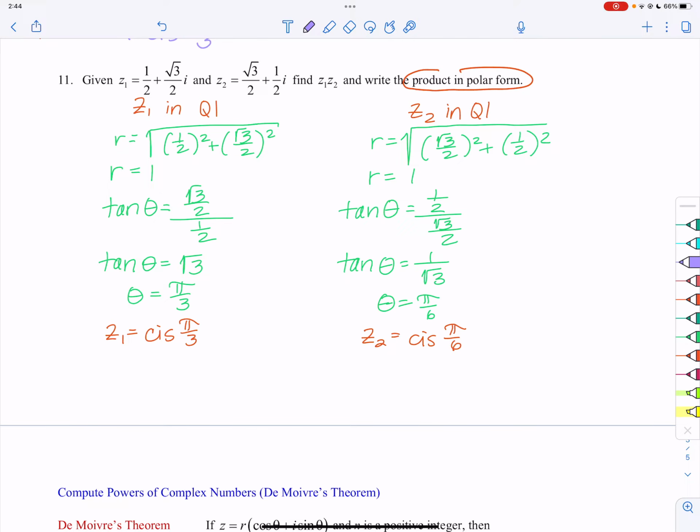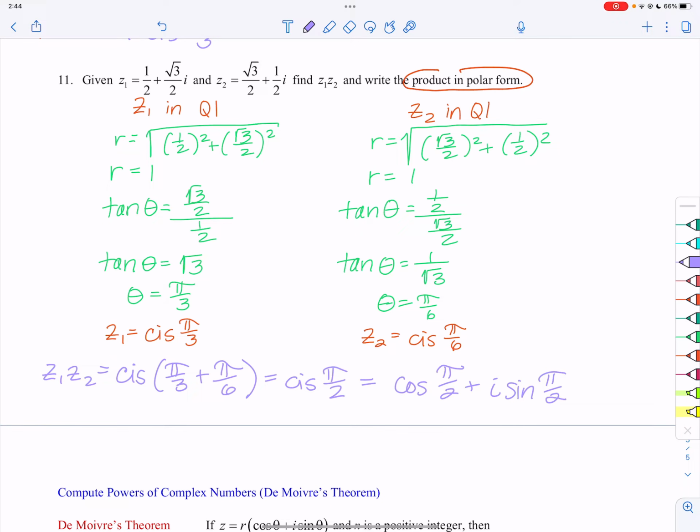We can say that this product, Z1 Z2, equals cis pi over 3 plus pi over 6, and that's going to be equal to cis pi over 2, and that's just the cosine of pi over 2 plus I sine of pi over 2.